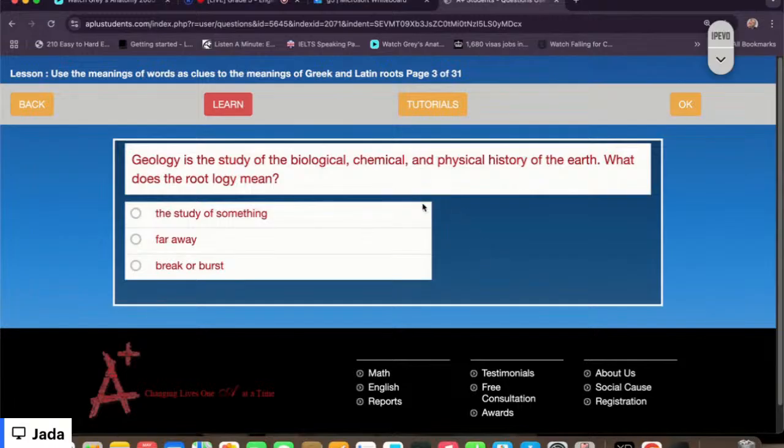So geology is the study of the biological, chemical, and physical history of the earth. What does the root logy mean? The study of something far away, break or bust.